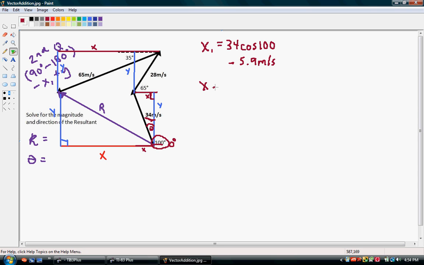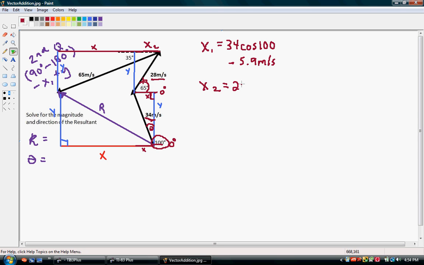Alright, x2, how far this second vector went over, right here, x2 will be the hypotenuse times the measurement from 0 right here. So we have a hypotenuse of 28 meters per second, and then it has a measurement of 65 degrees from 0.